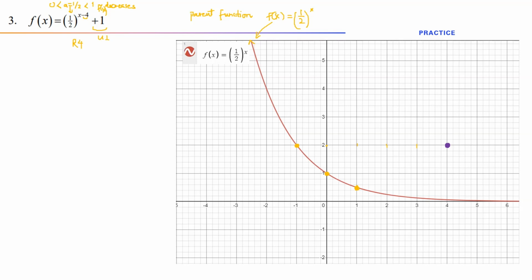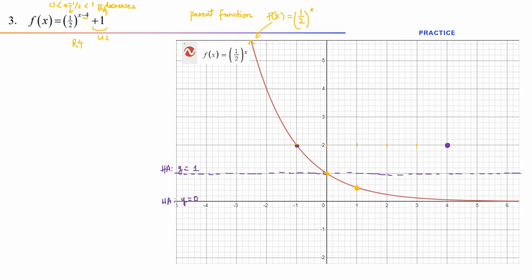We go up 1 unit, so it means the horizontal asymptote of the parent function, y equals 0, will go up 1 unit as well.